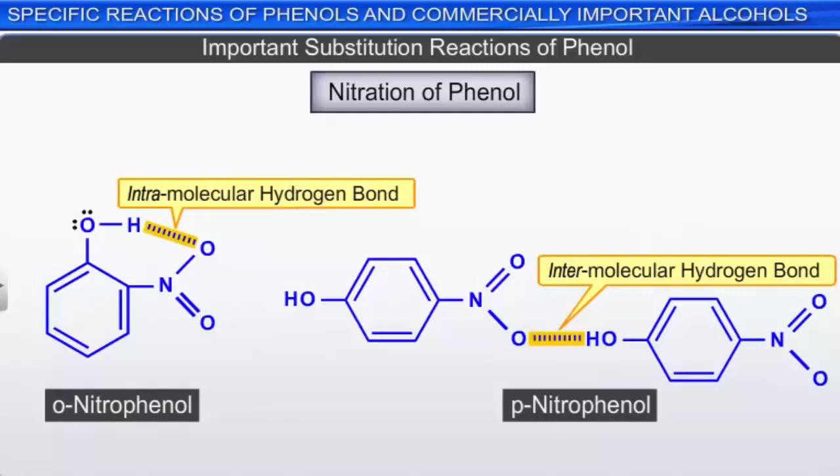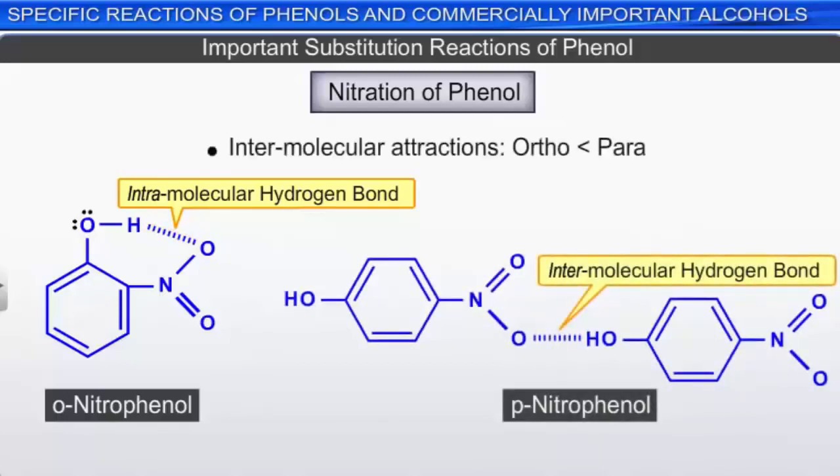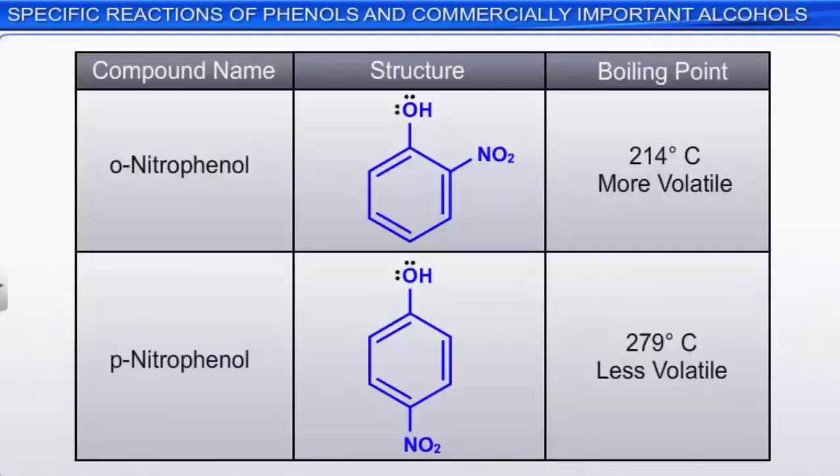Since the ortho isomer has only intramolecular hydrogen bonding, it has weaker intermolecular attractions than the para isomer, with its intermolecular hydrogen bonds. Therefore, ortho-nitrophenol is more volatile, with a lower boiling point than para-nitrophenol with a higher boiling point.